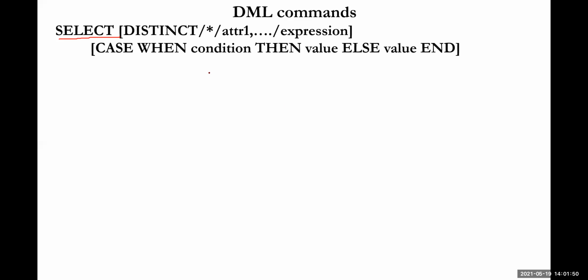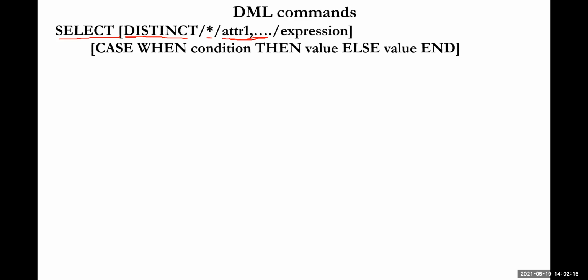However, you can see select, either it is distinct or it is star, otherwise everything. I pronounce star as everything. And if you want to select a certain number of attributes, not all attributes, say only 4 or 5 attributes, then you have to specify those names: attribute 1, attribute 2, attribute 3, and so on.